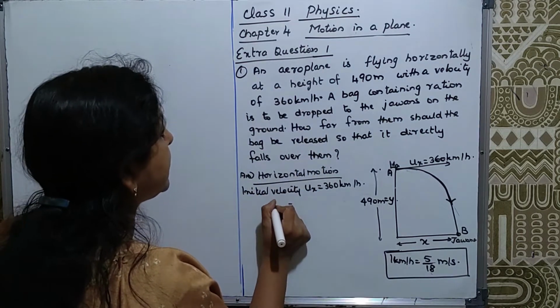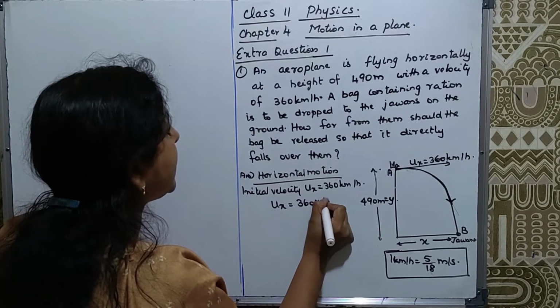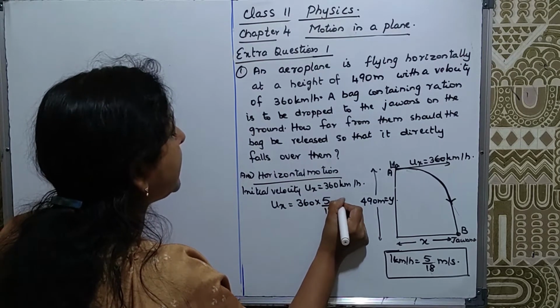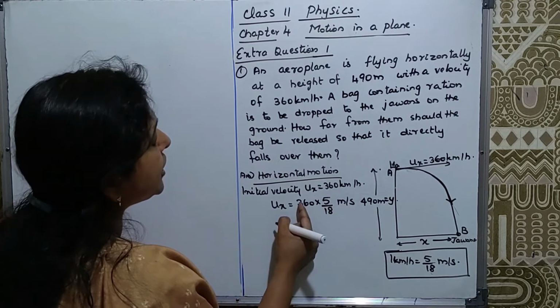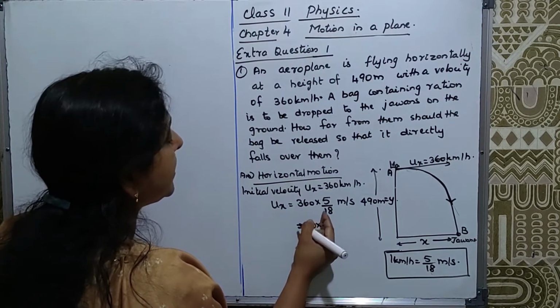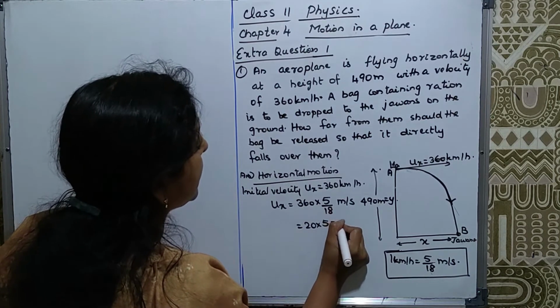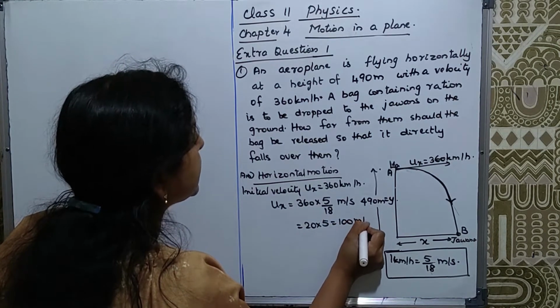Now we write ux equal to 360 into 5 by 18 meter per second. 18 into 20 is 360, so 20 into 5 equals 100 meter per second.